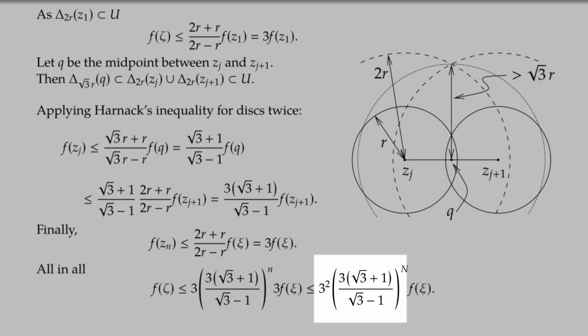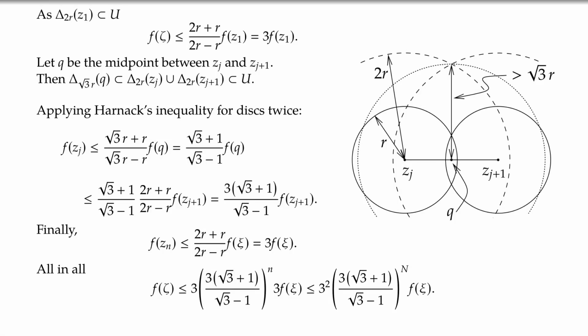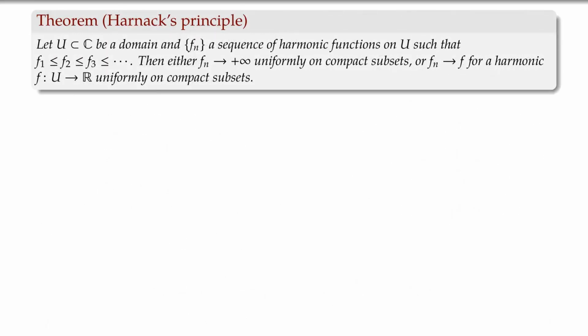That was just something that depended on K, however many disks we needed to cover K by. And that's it. We now take the supremum over zeta and the infimum over xi, and we get the term.